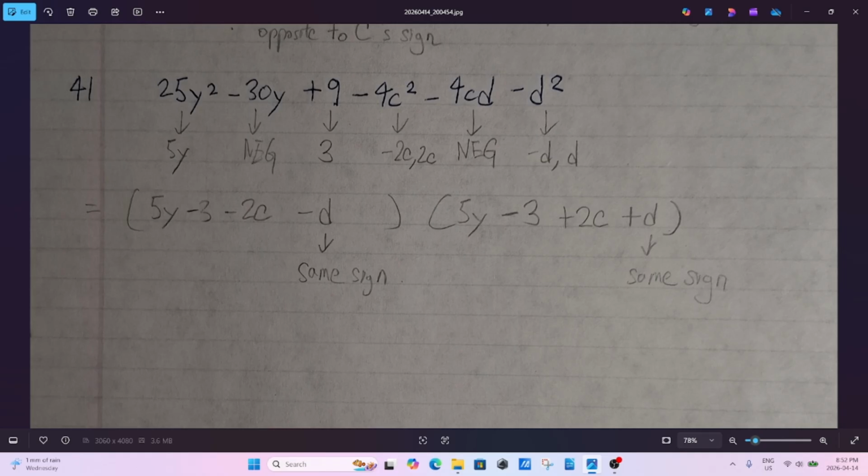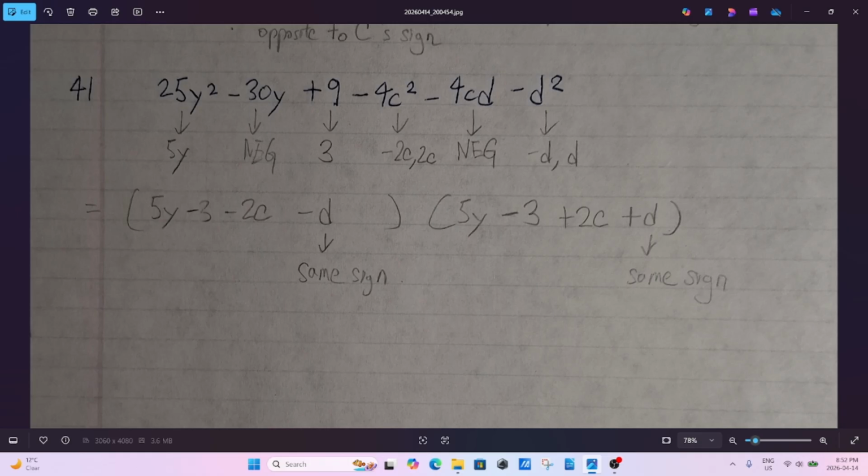So we write negative 2c and positive 2c into the brackets. And then because the middle term is negative, we put negative d in the first bracket and positive d in the second bracket.